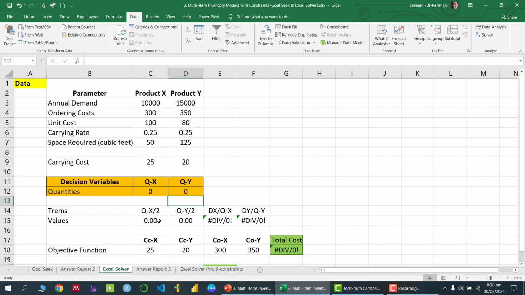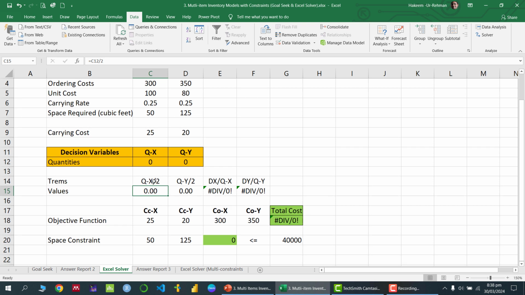And then what we are going to do is we need to find out these terms. In order to find the carrying cost, we need the average inventory of product X as well as product Y. Similarly, the number of orders: the formula is the annual demand divided by the optimum order quantity.